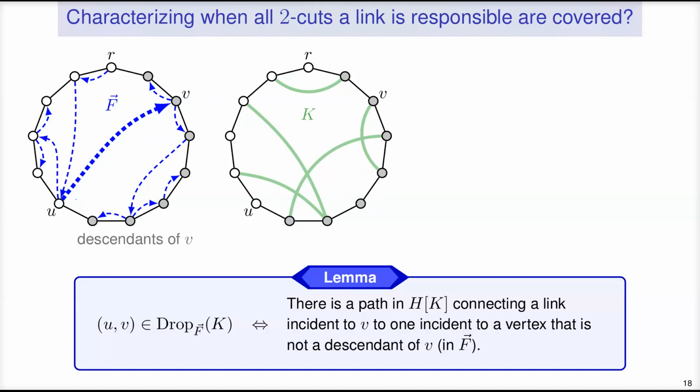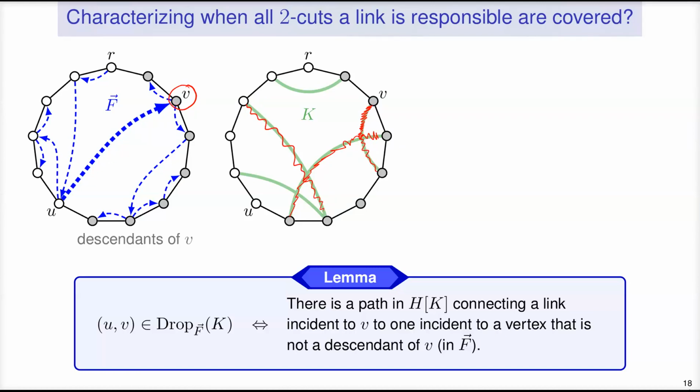If you look at the head of the link, so this would be B here, then there is a sequence of undirected links we're adding, one having B as an endpoint, and then I can take another one that's geometrically crossing that one, geometrically intersecting that one, until I reach a link with one endpoint not being a descendant of B, so a descendant of B in the arborescence. And that's precisely that characterization. So whenever you can find such a sequence of links, then this directed link can be dropped.